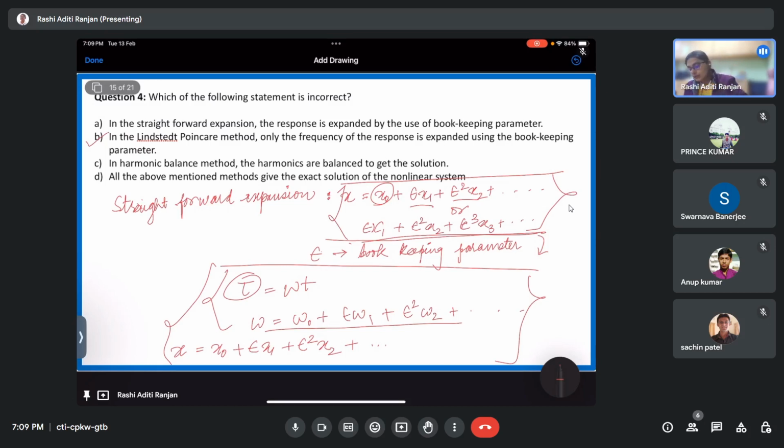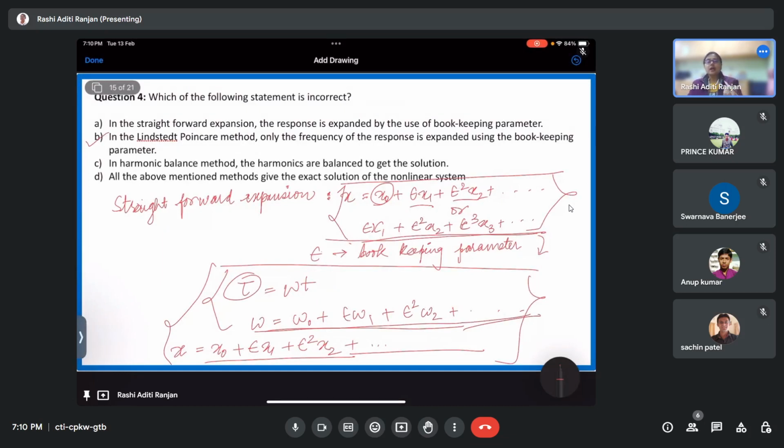Similarly with the Lindstedt Poincare method. Here also we are assuming x in an expanded form with the bookkeeping parameter, and we are also assuming omega has an expanded form with the help of a bookkeeping parameter. So it is also going to give me only an approximate solution, not the exact solution of the system. By exact solution, I mean the closed form solution.